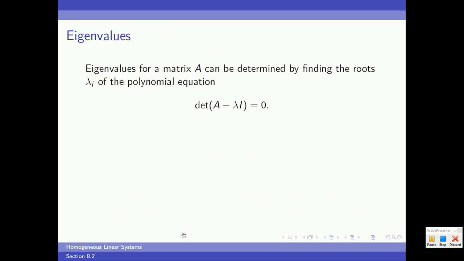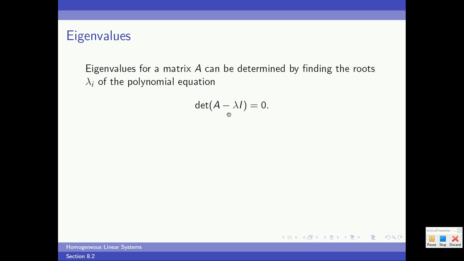So how do you find eigenvalues? Reminding you how to find eigenvalues for a matrix, you look at the determinant of A minus lambda I and set this equal to 0. This is a polynomial in lambda. So A minus lambda I gives you a polynomial like a lambda squared plus b lambda plus c equals 0 if you just have a 2 by 2 matrix.